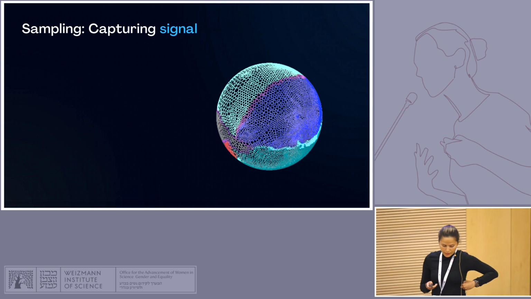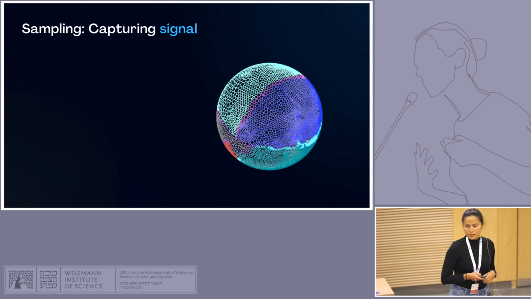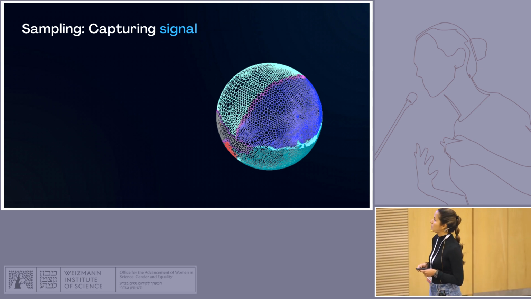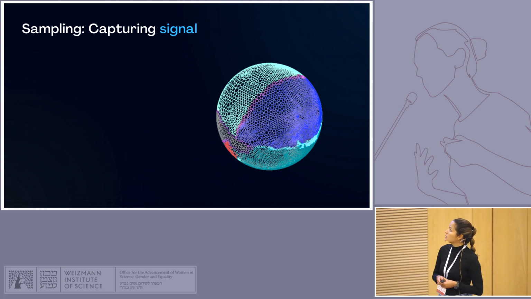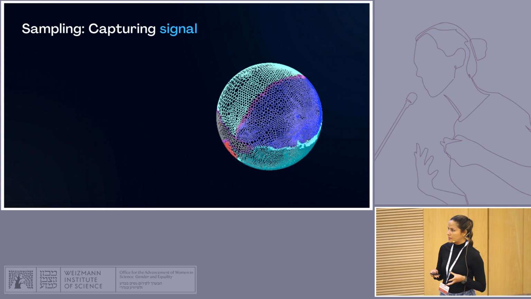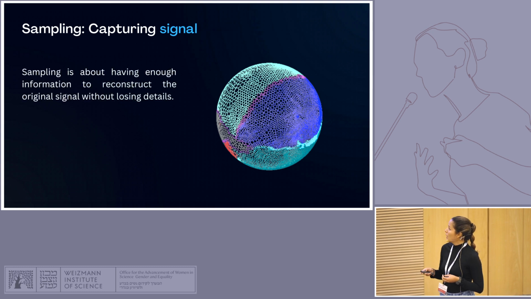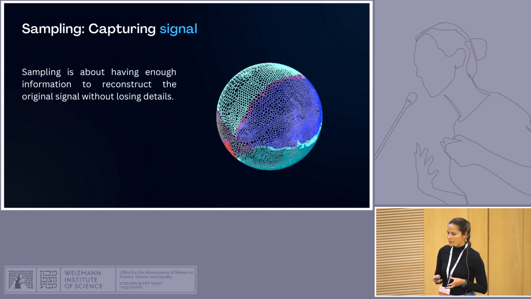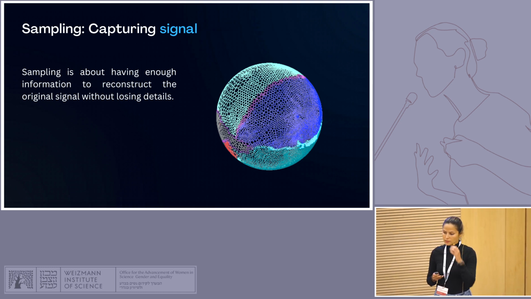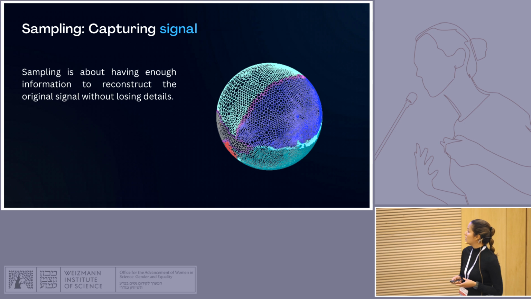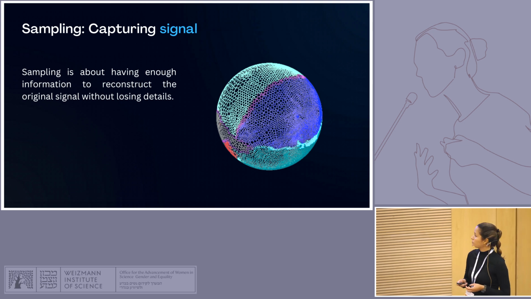And we have two approaches in data science. The first approach is sampling. Sampling focuses on capturing the entire signal. It is about having enough information to reconstruct the original signal without losing crucial details.